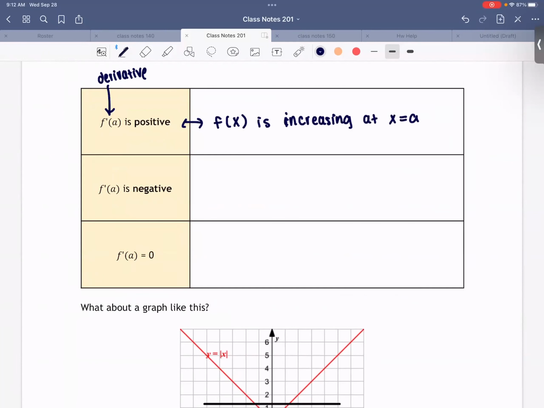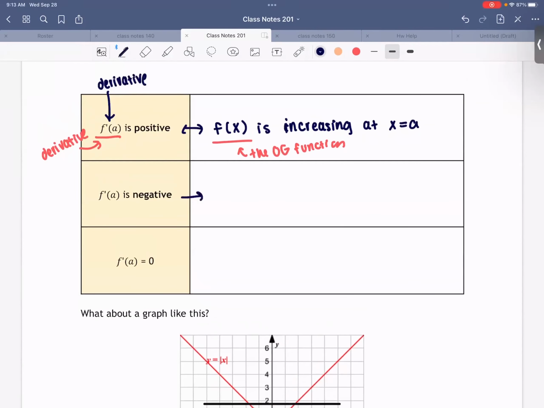Okay, and one thing I want to make very clear is f of x is the original function, right? Okay, f prime of x is the derivative. Okay, so when the original function is increasing, the derivative is positive. Okay, now when the derivative is negative, well, f of x is decreasing, right?